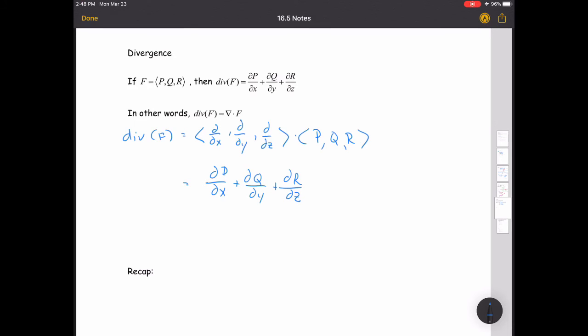That is your divergence. So it is literally del dotted with F. So we're going to go ahead and take that, and we're going to go back up to the top and finish that one off.